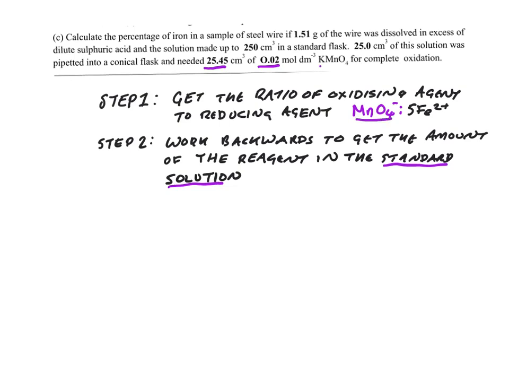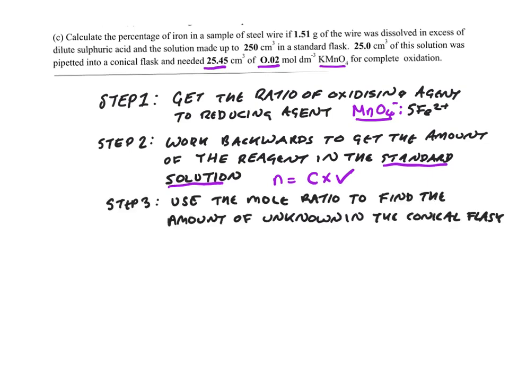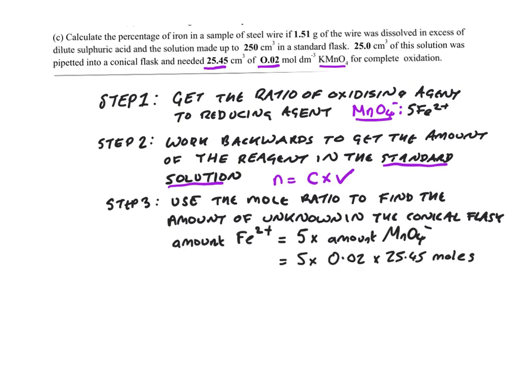So in our standard solution of manganate, we know the exact number of moles, because that is equal to the concentration times the volume. So the next step is to use the mole ratio from our balanced redox equation to find the amount of the unknown in the conical flask.